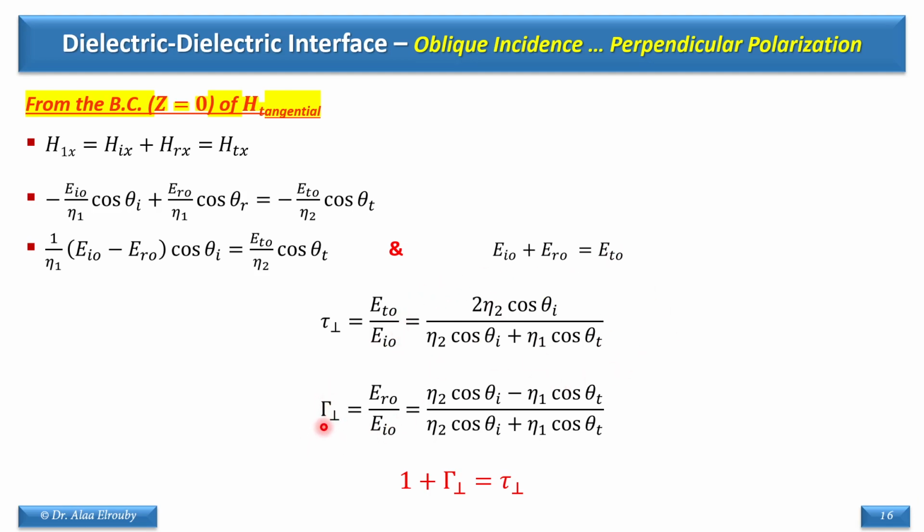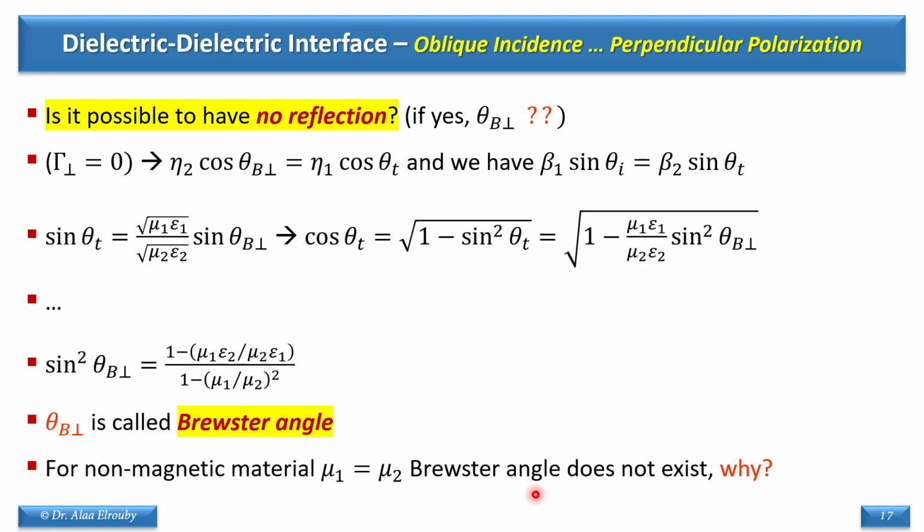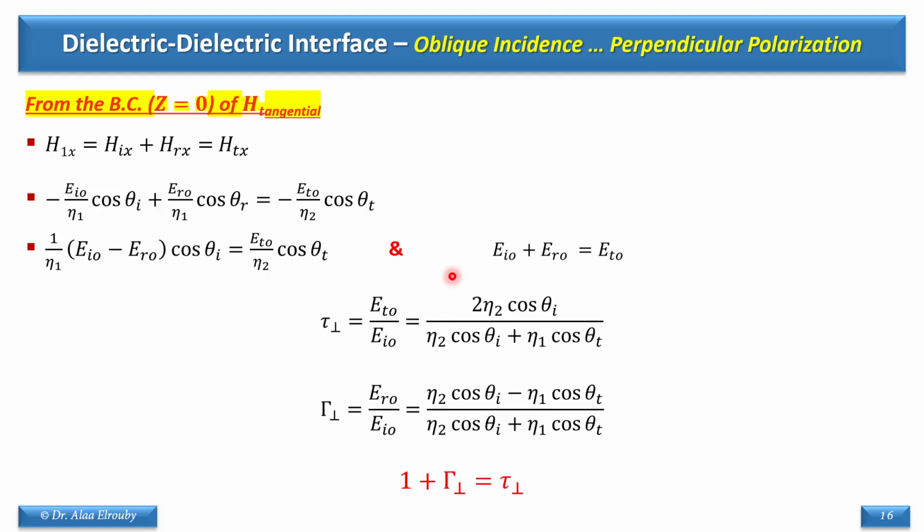Gamma perpendicular, which is E reflected divided by E incident, has this expression. We can also conclude that 1 plus gamma perpendicular equals tau perpendicular. So this is the solution for the case of oblique incidence with perpendicular polarization at a dielectric interface.